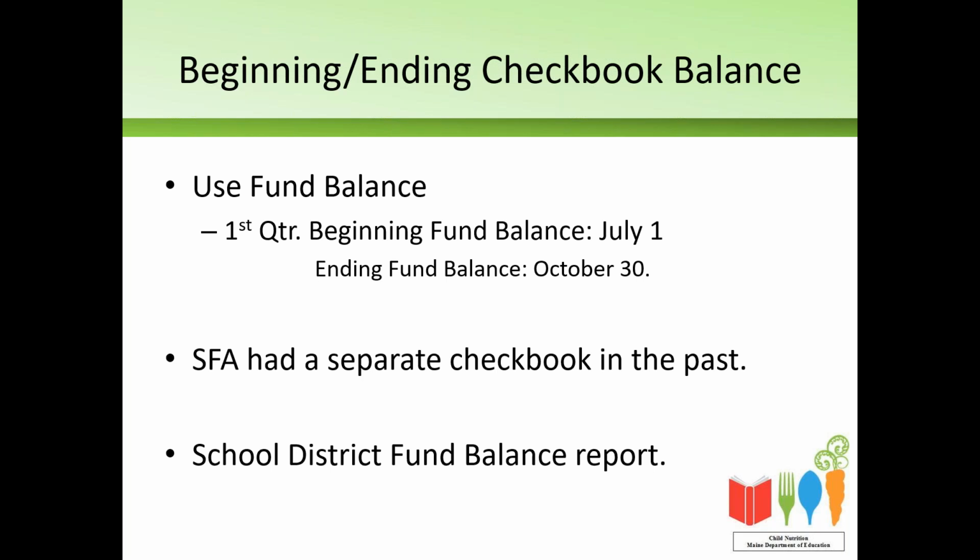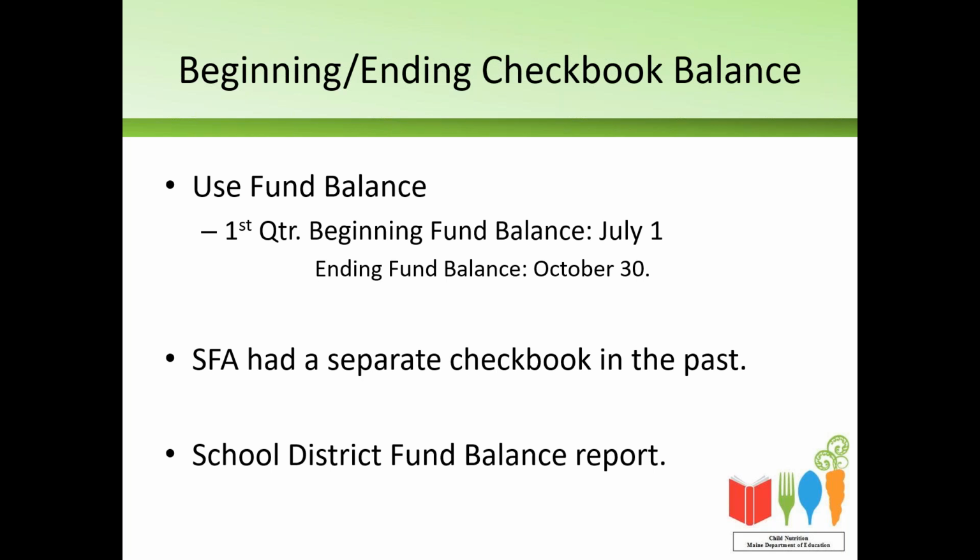As stated, for the first quarter in July, you're going to put your July 1 beginning fund balance. It will calculate the ending fund balance for each month and for each quarter. Most districts now use the district fund balance.